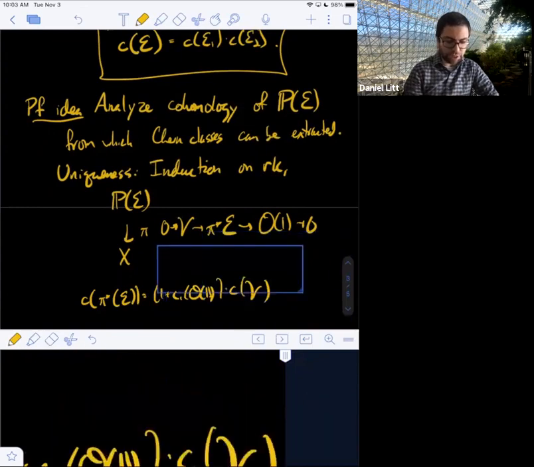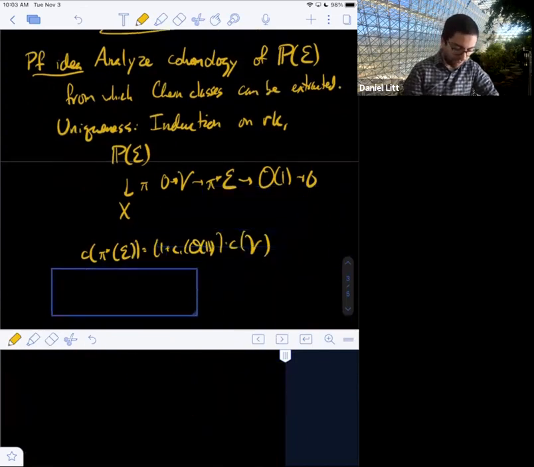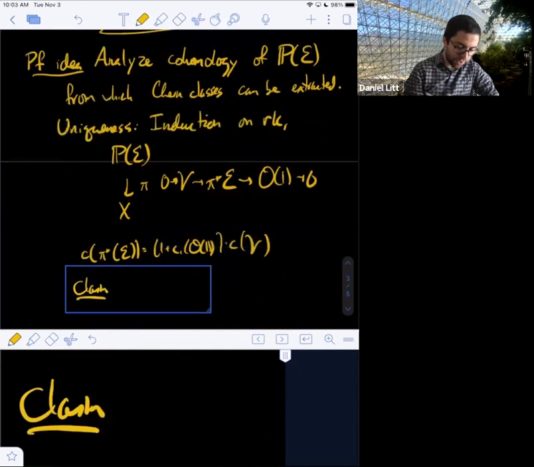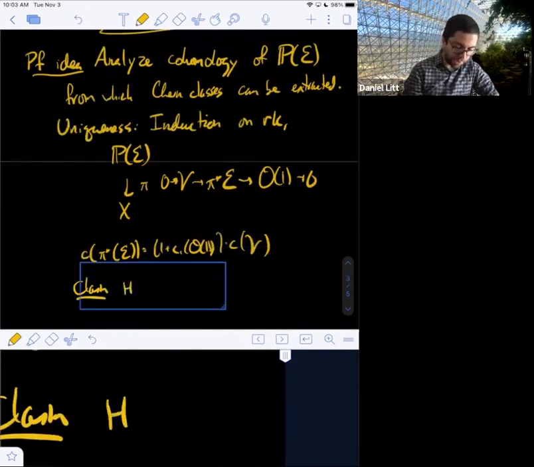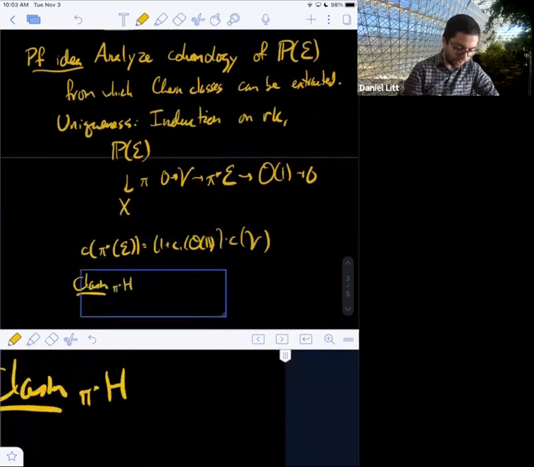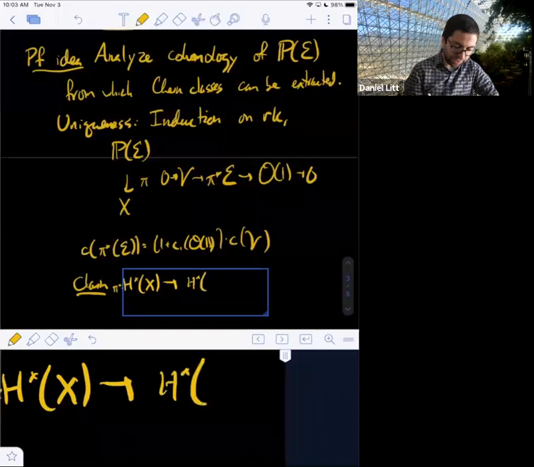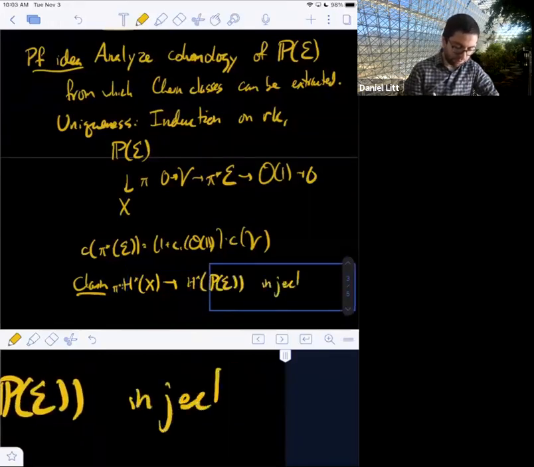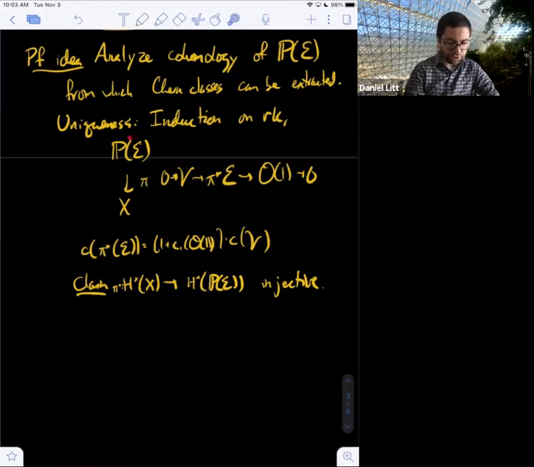So these we know by induction, and then the claim, which I'm not going to prove, is that the pullback map pi star from the cohomology of X to the cohomology of the projectivization of E is injective. So knowing what the Chern classes are on the projectivization, which we know by induction from this formula, tells us what they are on X.